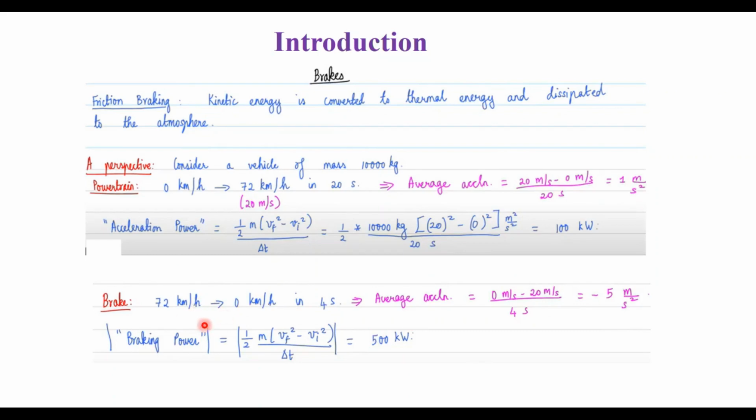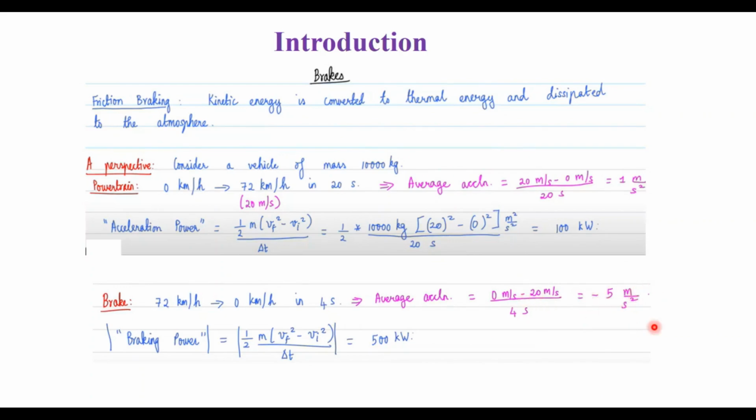You can also try the calculation. The final velocity minus initial velocity divided by the time taken. The time taken here is 4 seconds. So 20 by 4 will become 5 meters per second square. It is negative, so it is minus 5 meters per second square.